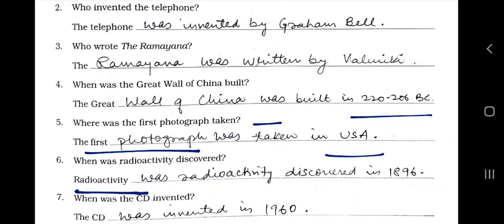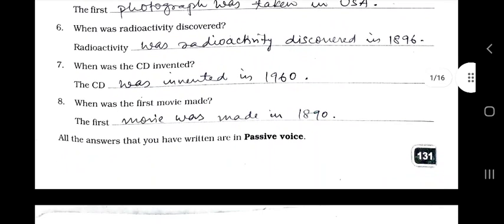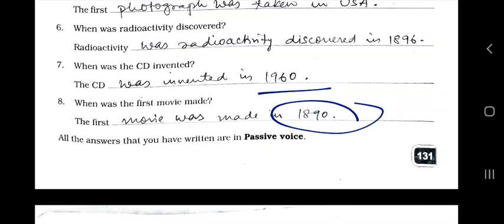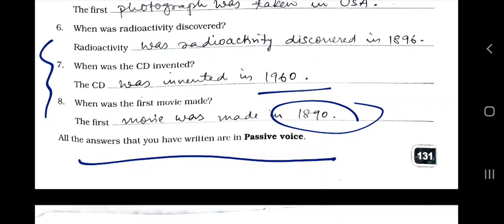Radioactivity was discovered in 1896. Similarly, when was the CD invented? The CD was invented in 1960. And when was the first movie made? The first movie was made in 1890. These are simple GK questions, but they have one thing in common, that is all these are written in passive voice.